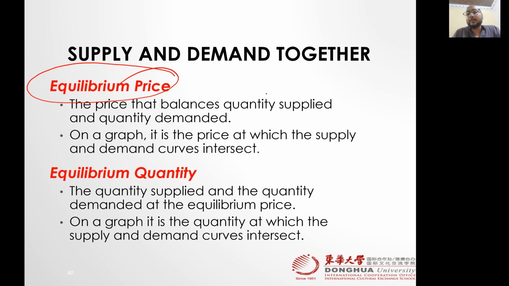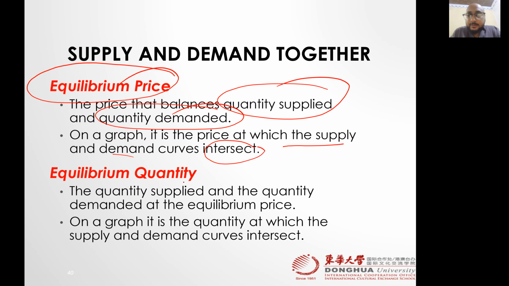It is a price which equates or balances quantity demanded and quantity supplied. On the graph, it is the price at which supply and demand curve intersect each other. Equilibrium quantity is the quantity supplied and quantity demanded at equilibrium price. On the graph, it is where quantity supplied and quantity demanded intersect.